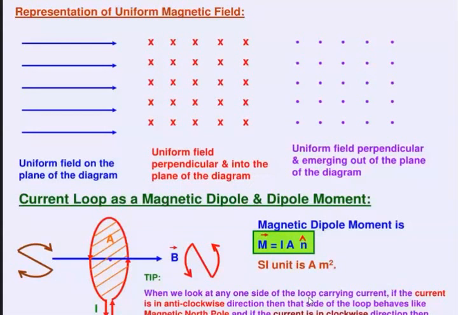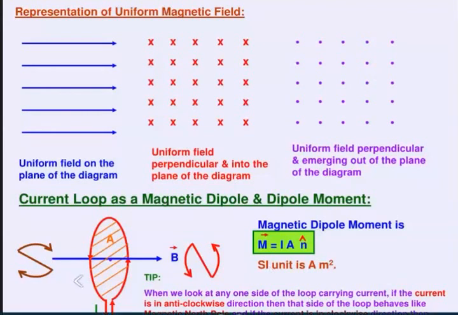So we have concluded that a current carrying loop acts as a magnetic dipole with dipole moment just equal to the product of current and area enclosed by the loop.